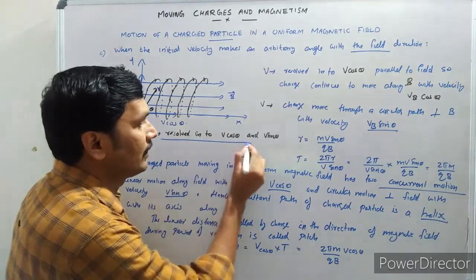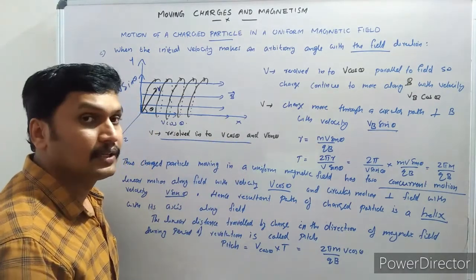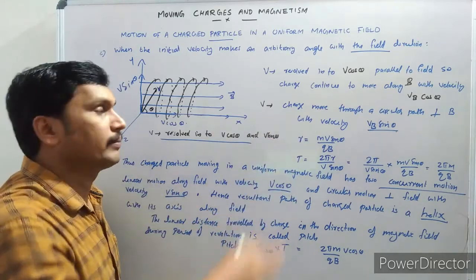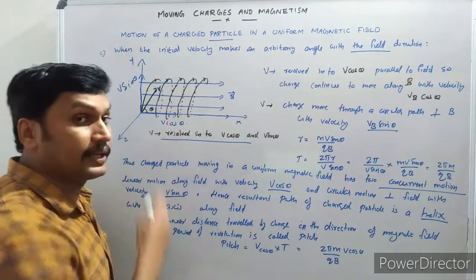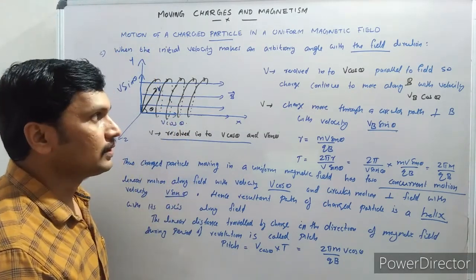So it has two velocities. One is along the x-axis, in the direction of the magnetic field. The other is along the y-axis, perpendicular to the direction of the magnetic field.